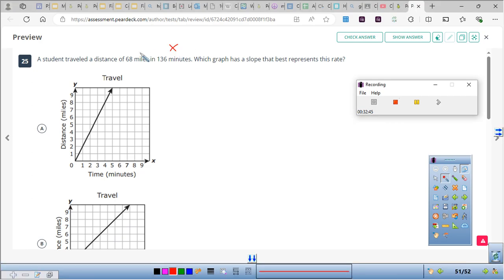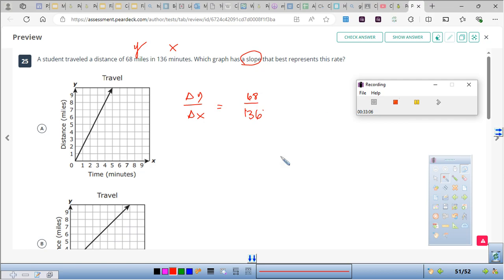Remember, x is always your time, and then whatever else they give you is your y. Slope, remember, is change in y over change in x, and I'm always going to put the y's on top, which is 68 over the x value of 136. Looking at the numbers here, they don't match up, so I basically need to simplify it.